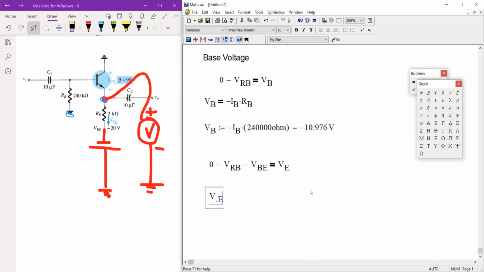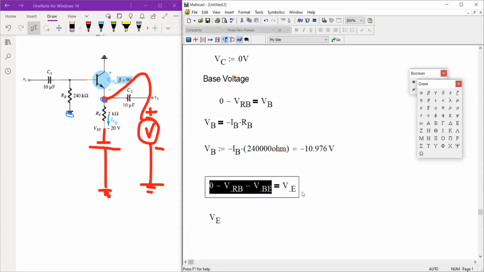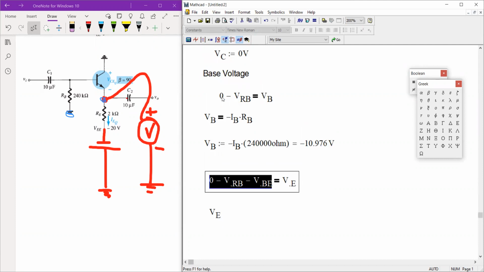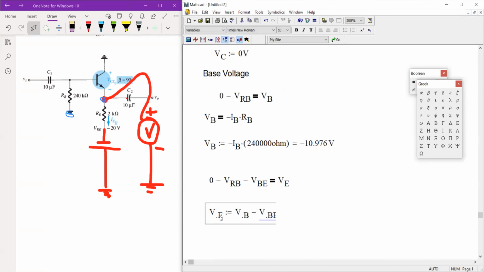Now as you can see, this part right here is equivalent to your V sub B minus V sub BE. So we can simply say that V sub E is equivalent to V sub B minus V sub BE.